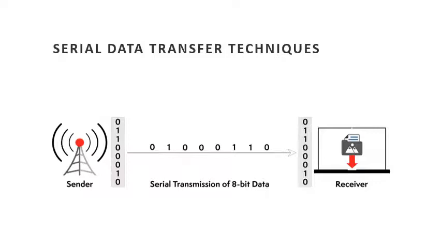Half duplex communication allows data exchange in both directions but not at the same time. Example, a walkie-talkie. Full duplex permits information transfer in both directions at the same time. That is similar to our telephone line.